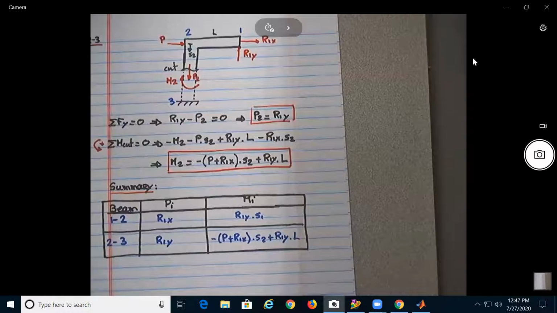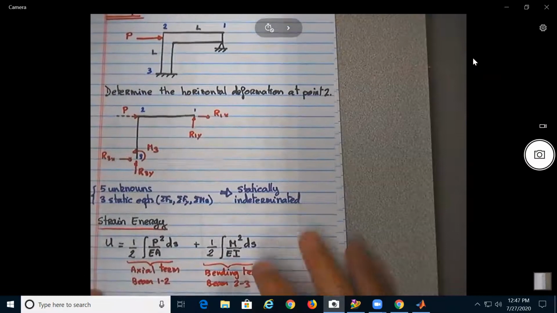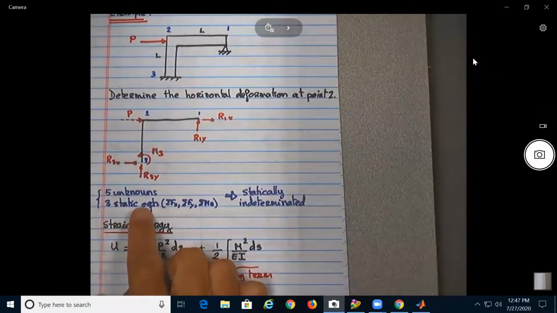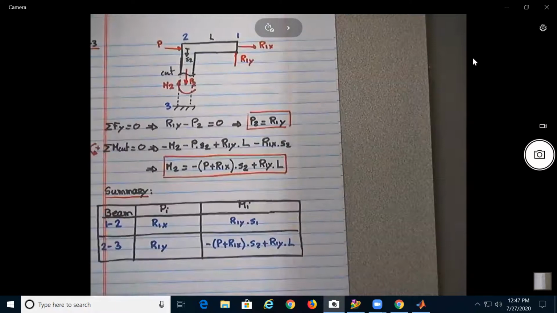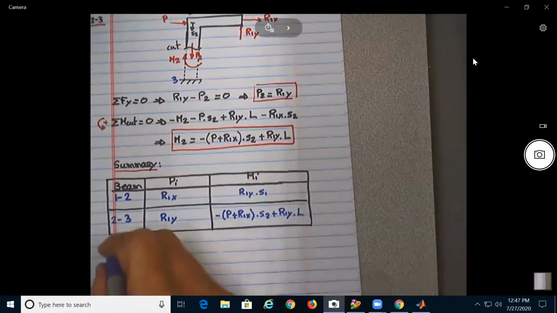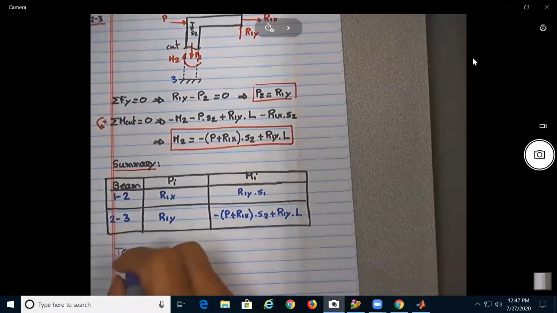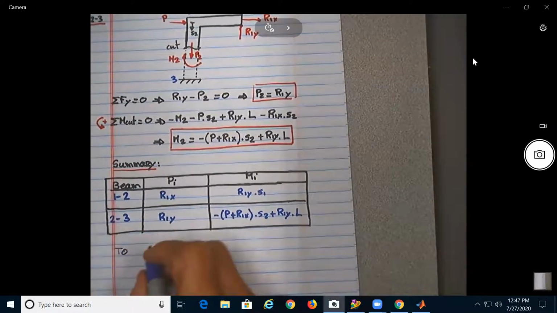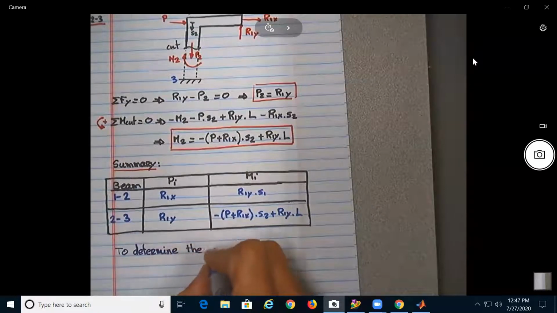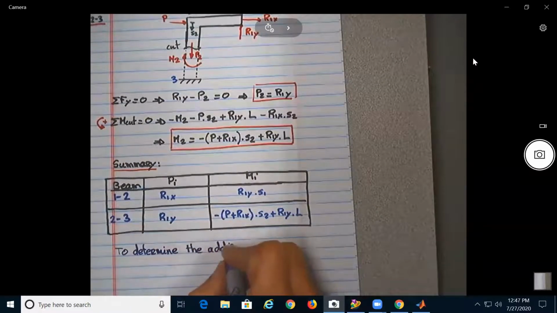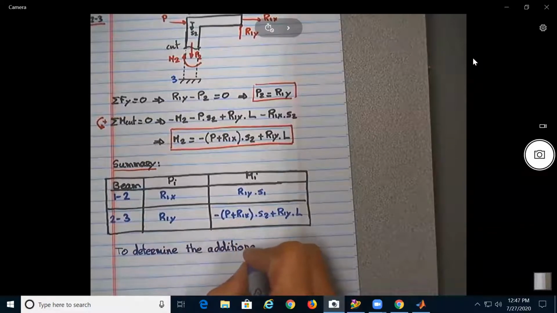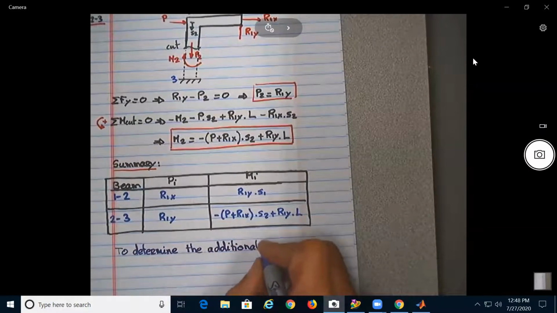All right, so now we need to go back to the beginning. We know this problem is statically indeterminate, okay? So we need to find the two additional equations.